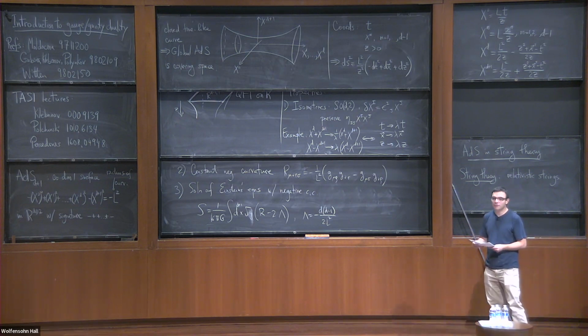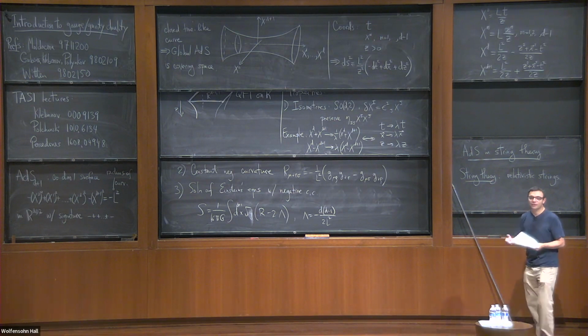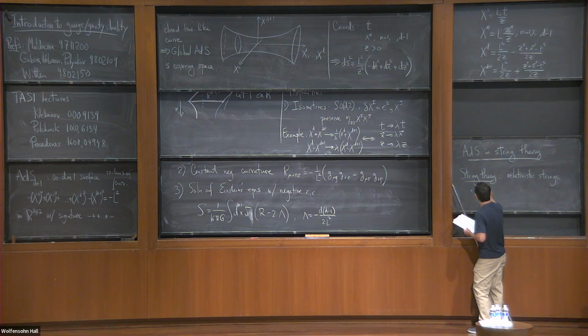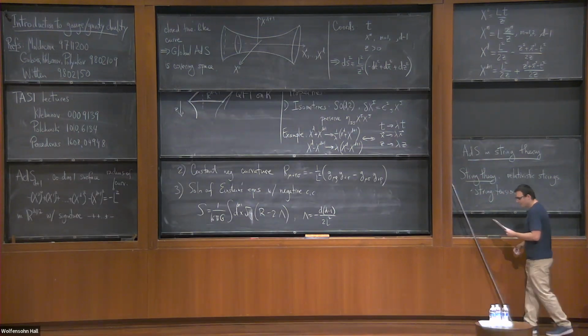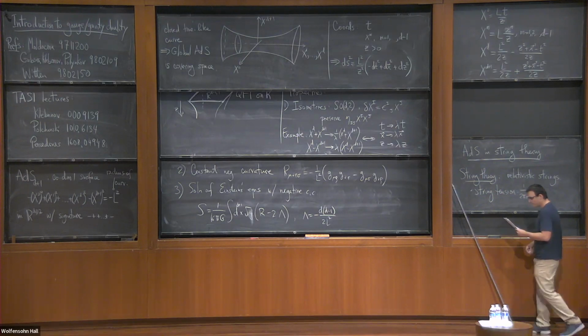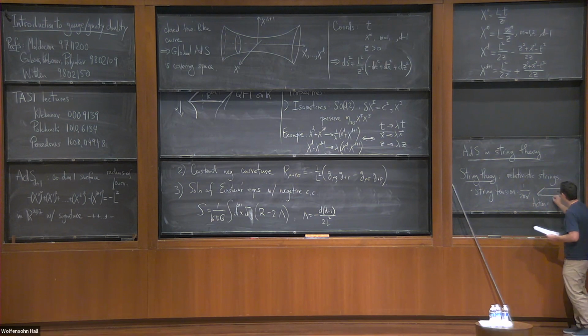What are the parameters? Well, if we have strings, we have a string tension. So the parameters are the string tension, which is denoted by 1 over 2 pi alpha prime. Essentially, if we have a string worldsheet, then the action is 1 over 2 pi alpha prime, the tension, times the area.